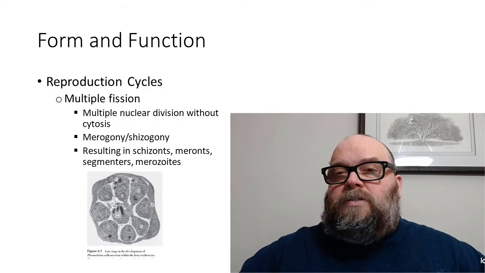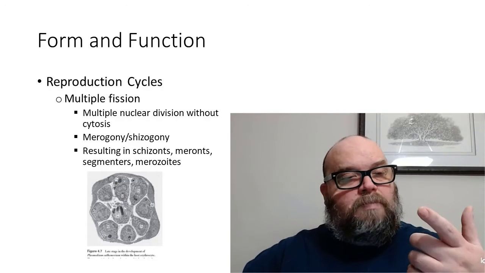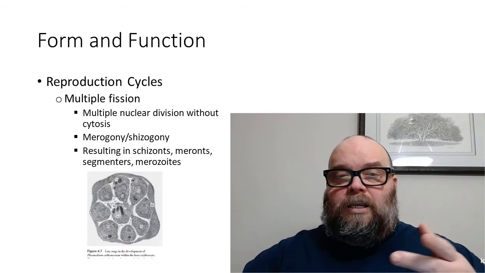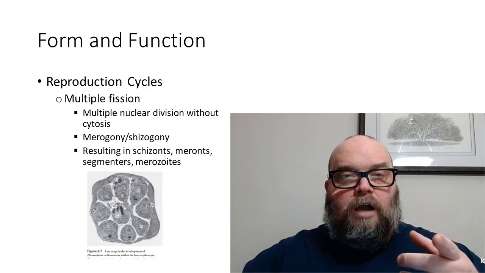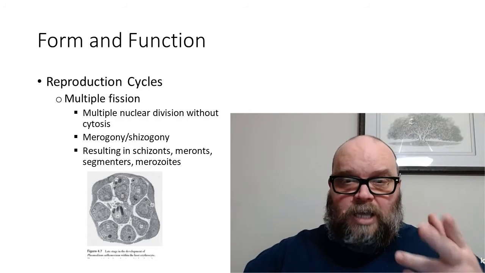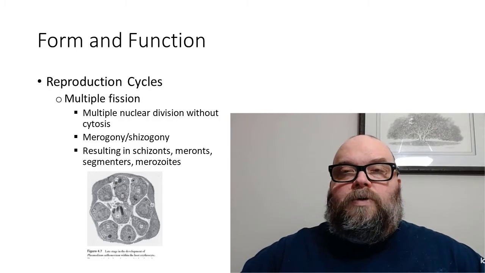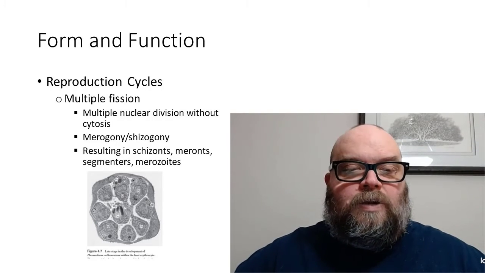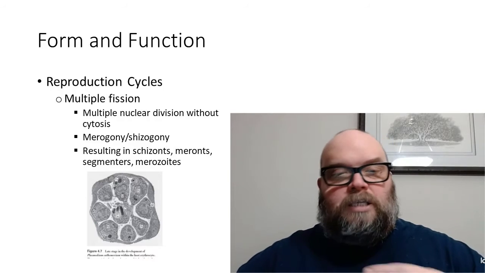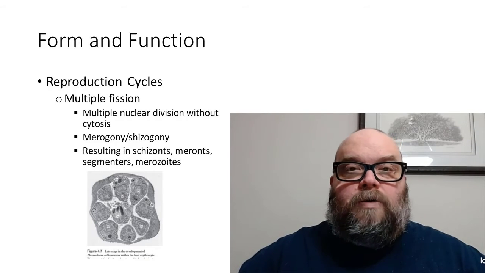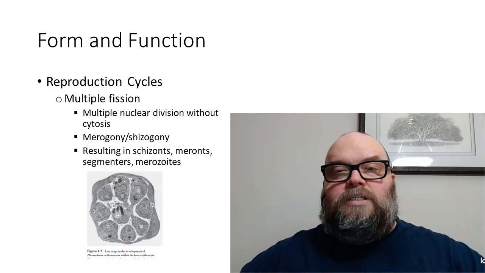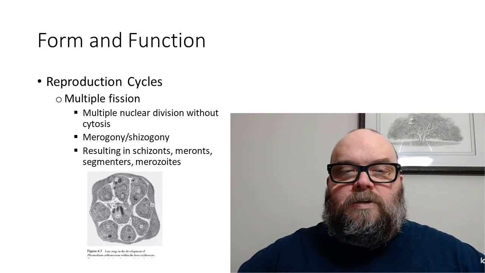Depending upon the genus species, if it's following this pattern, they could be referred to as schizogony, merogony. The resulting cells, the 4, the 8, whatever it is, are going to be referred to as meronts, schizonts, merozoites, depending upon genus species and which stage in the life cycle this is occurring in.